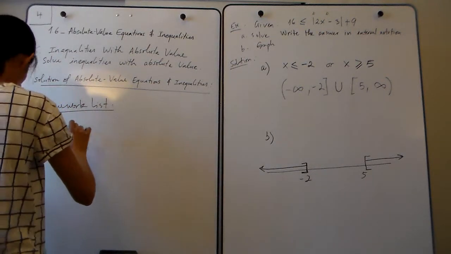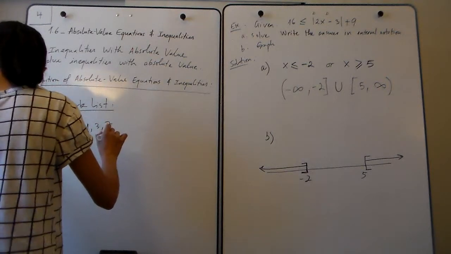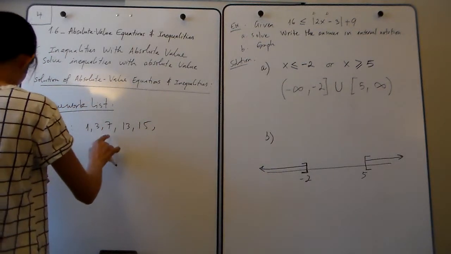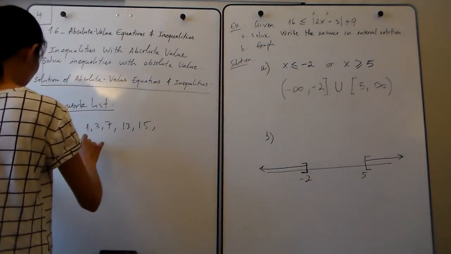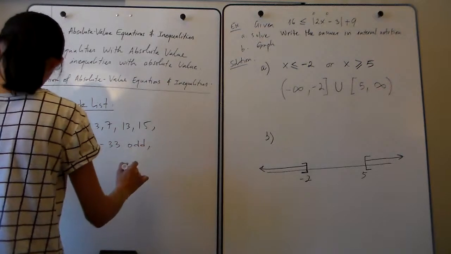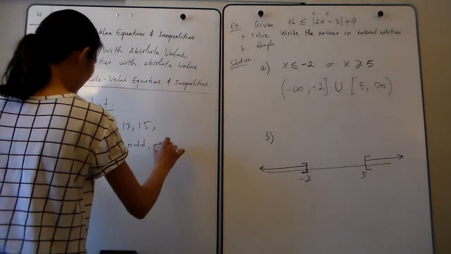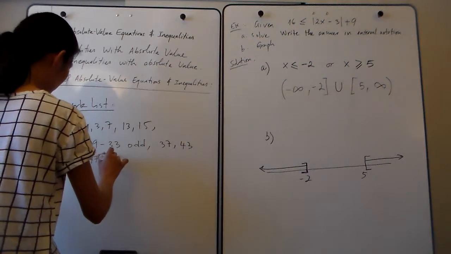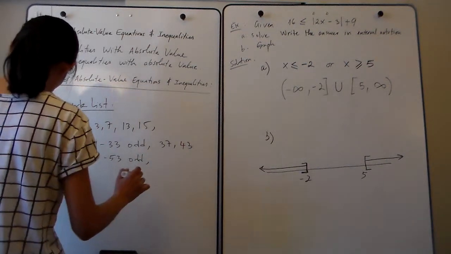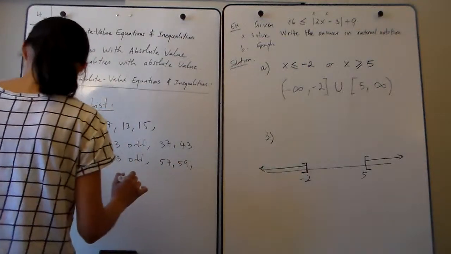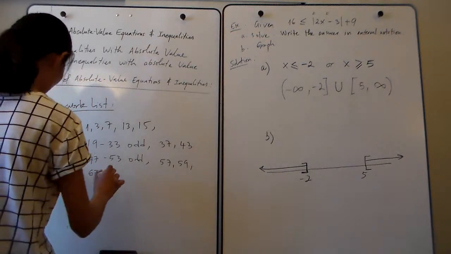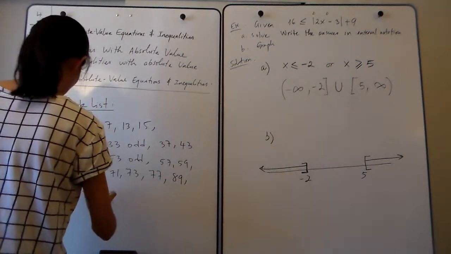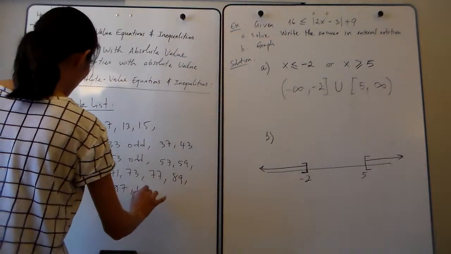For section 1.6, it's going to be 1, 3, 7, 13, 15, 19 to 33 odd, 37, 43, 47 to 53 odd, 57, 59, 63, 71, 73, 77, 89, 95, 97, and 103.